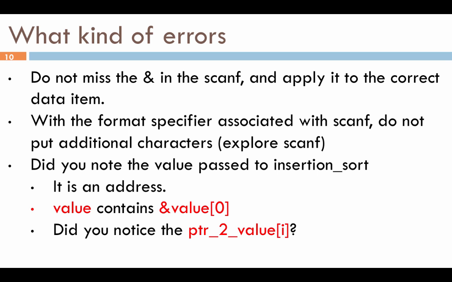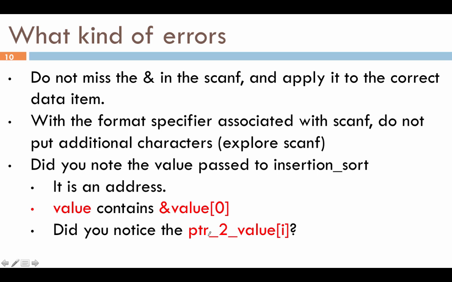I hope you also noted the value that was passed to insertion sort. It was an address. In other words, the value that is in red here, the memory location value, consists of the address of value of 0.